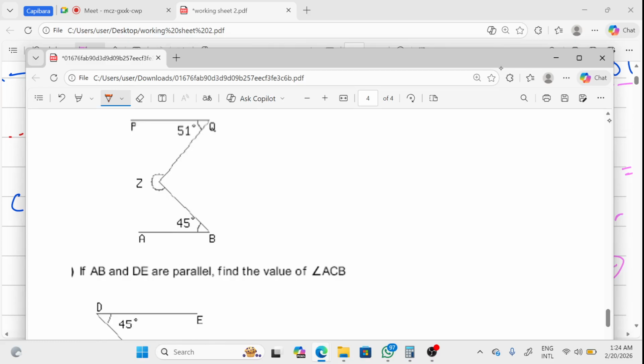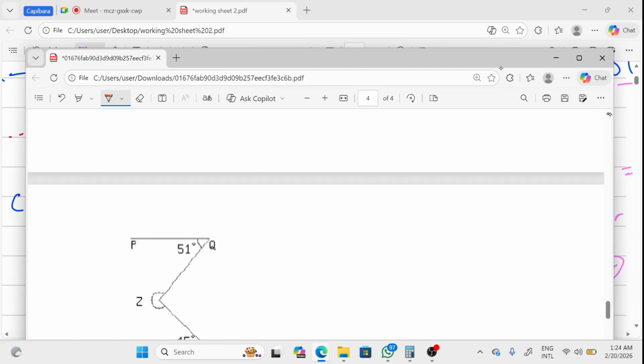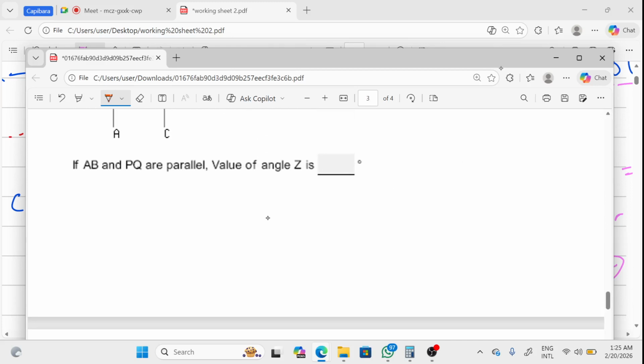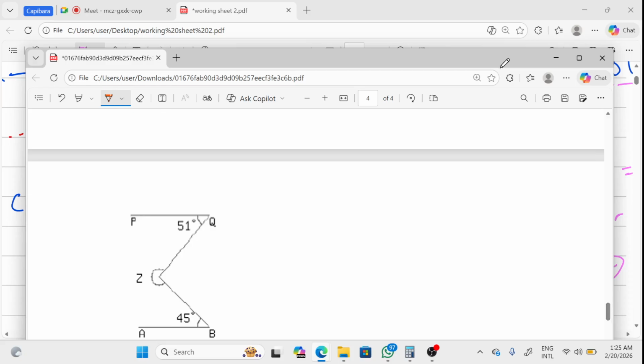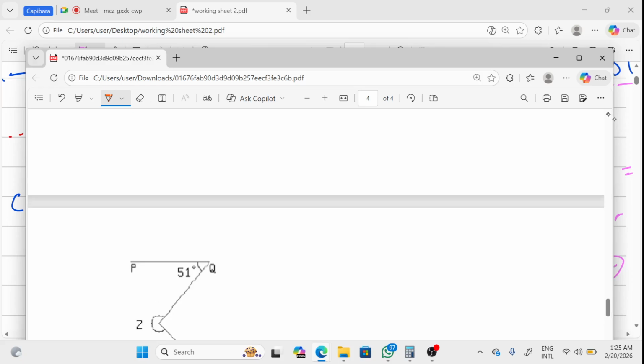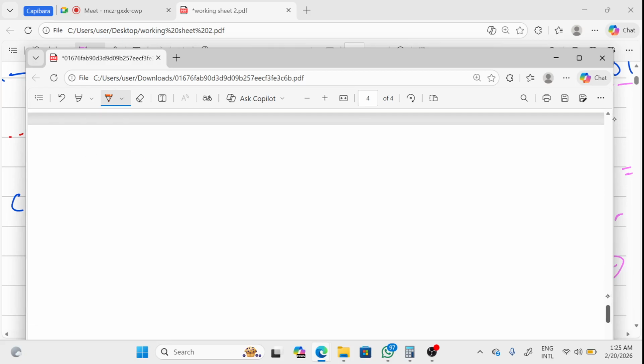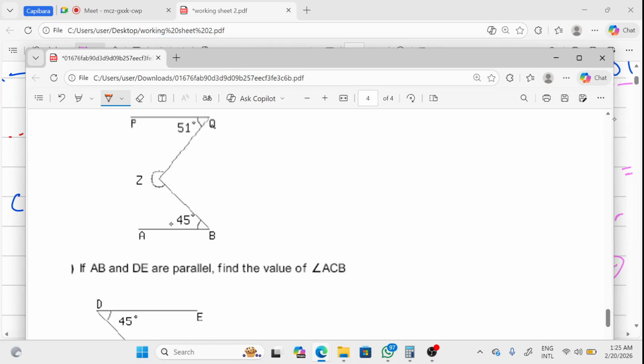They said if AB and PQ are parallel, find the value of angle Z. This angle Z. So that's vital information that we have to work on. This is AB, and they said it is parallel to PQ.